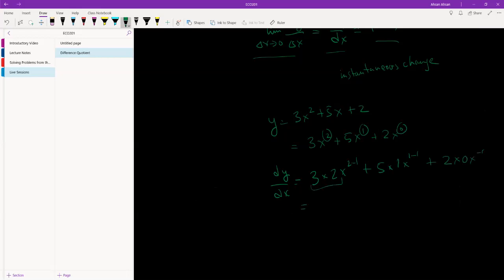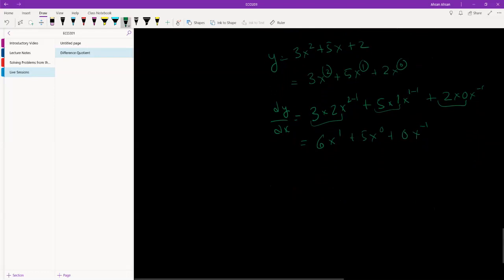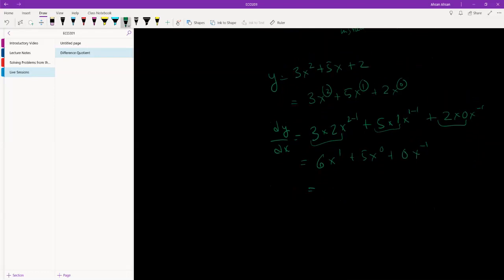So we multiply 3 by 2, we get 6x to the power 1, multiply 5 by 1, we get 5x to the power 0, plus we multiply this, so we get 0x to the power minus 1. So if we simplify, what we end up with is 6x plus 5.